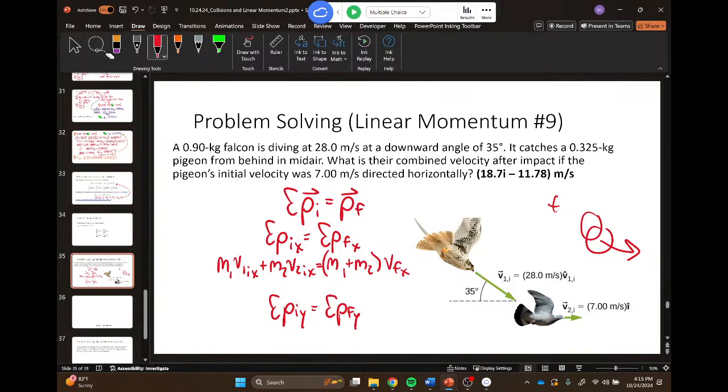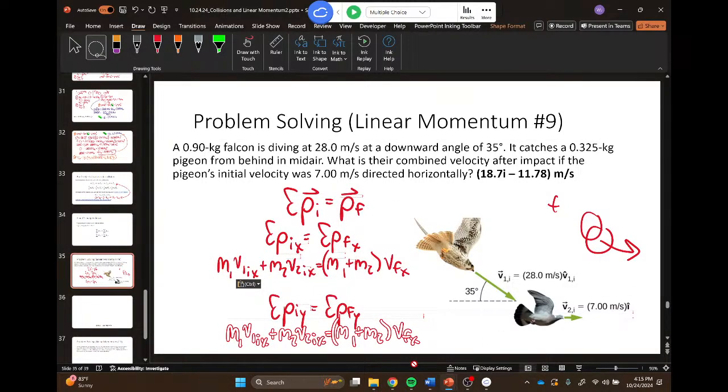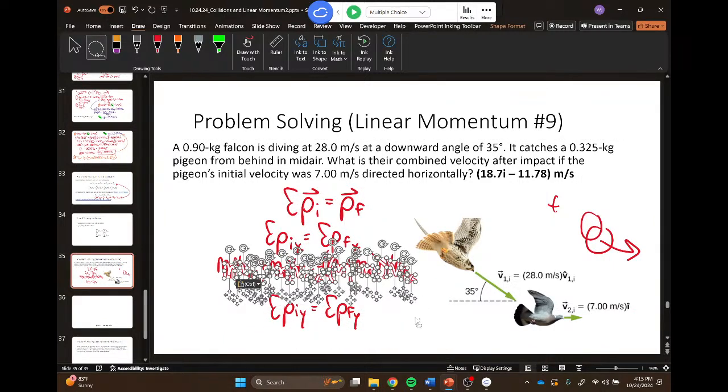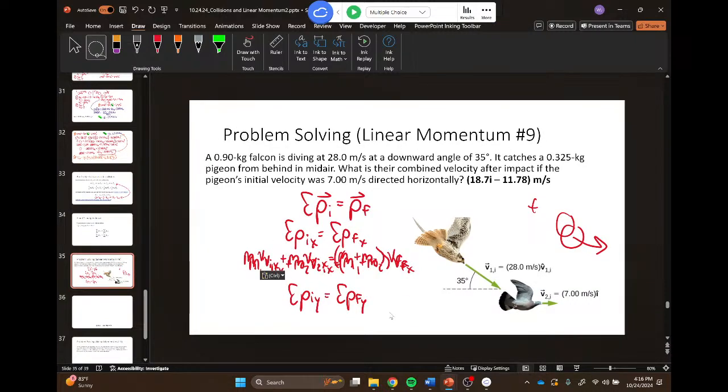And then the Y, it's the exact same equation. Look, I don't even have to write it. What a blessing. I just move it down here. We're going to move this up.